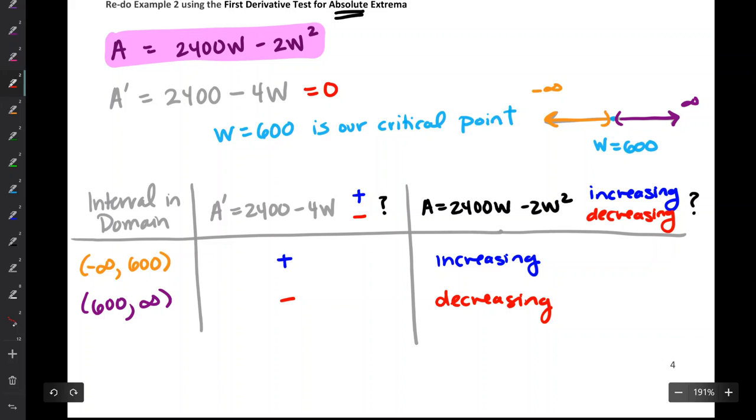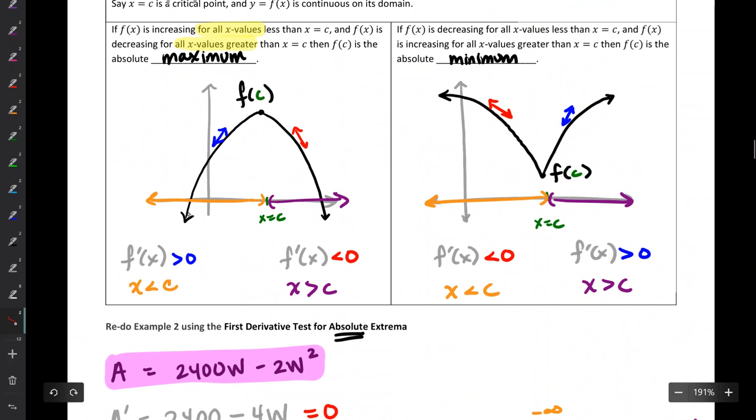All right, so there we have it. We found the only critical point, 600. My function is changing from increasing to decreasing at that critical point. In other words, it's looking something like this, increasing to decreasing.